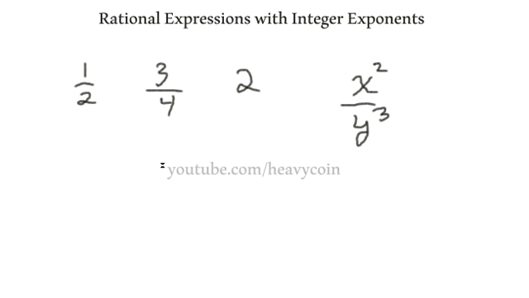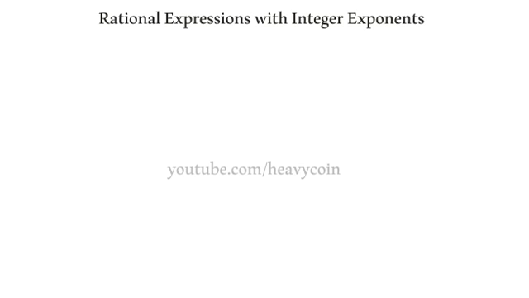Alright, we're going to actually start off with some stuff that's not rational numbers first off, so we can do a little refresher on adding exponents, subtracting exponents. Let's say, for example, I had 2 squared times 2 to the third power.